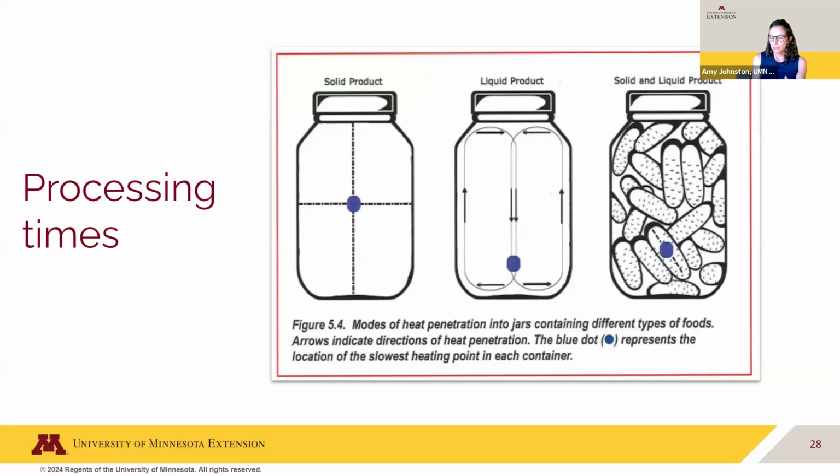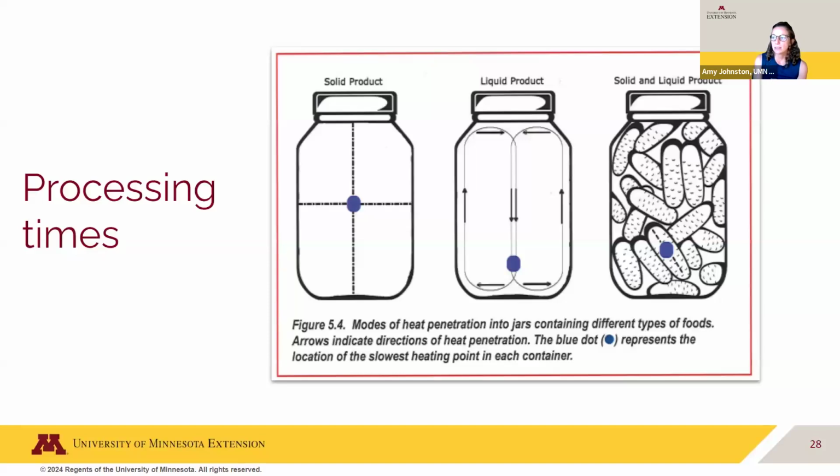That liquid product, the image in the middle, you can see the arrows which represent currents of the liquid. So the spot that's going to be the slowest to heat is towards the bottom of the jar, right where those currents are intersecting. And then a solid and liquid product, so a lot of our pickled foods, our canned fruits, those are going to be that mix of a solid and liquid.